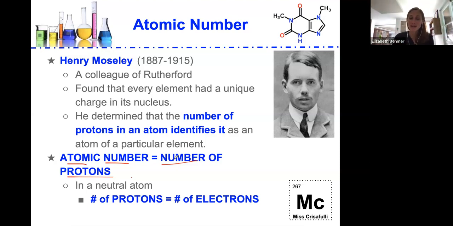We'll talk about what that name means. The number of protons will equal the number of electrons because it's totally neutral charge. So the number of positive charges cancels out the number of negative charges. So those will be totally equal. Number of protons equals number of electrons in a neutral atom.